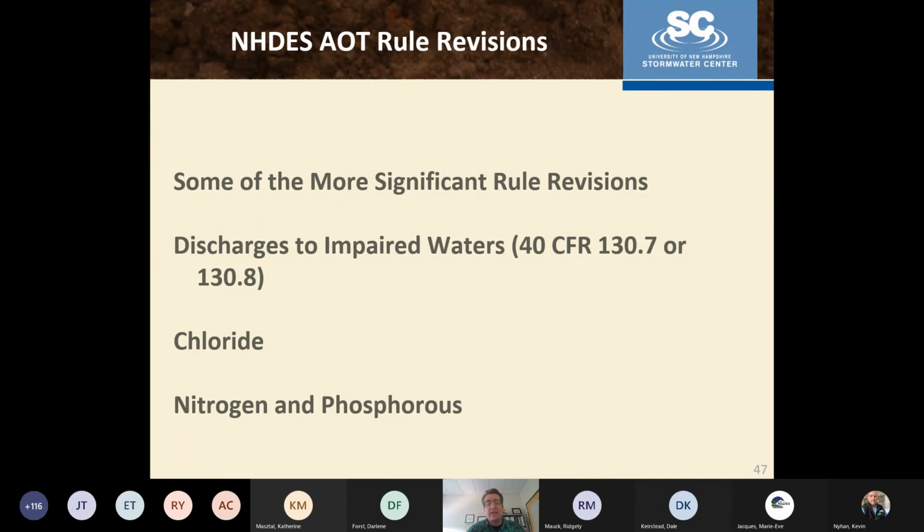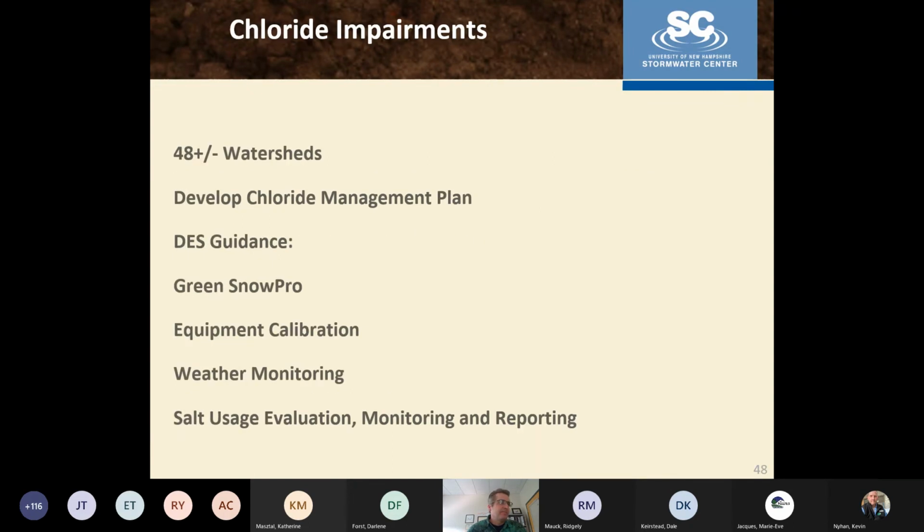And the Green SnoPro, I think, is the best approach to chloride control, because from the structural side, we don't have a lot of tools in the toolbox that are inexpensive, passive, and gravity fed. And that's, I think, what this slide is about.